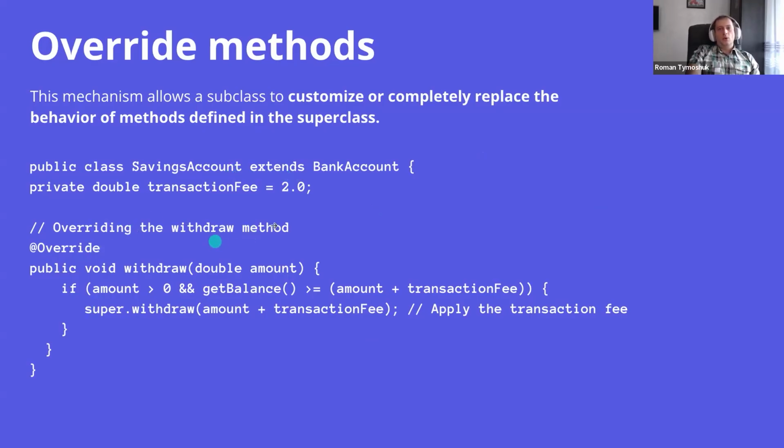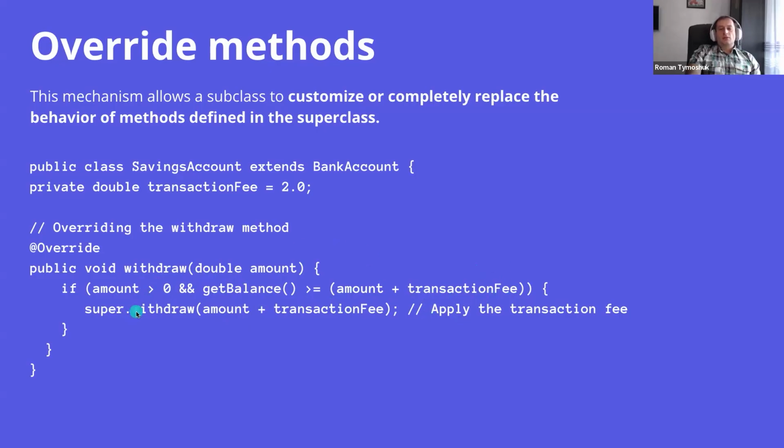We have a way to override it. So we are providing specific logic to the object of the savings account class, and we are calling withdraw(amount). This one calculates and validates the possibility to withdraw in a slightly different way, because we have some kind of transaction fees in case we are withdrawing money.